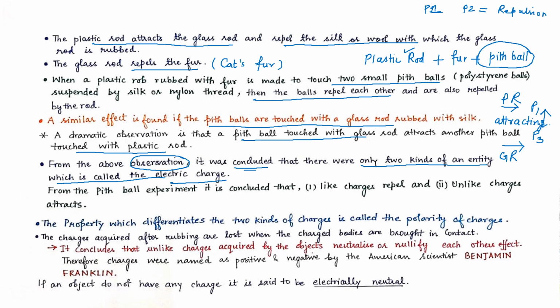What is electric charge? Only and only two kinds of entity, not any third party available in this case. And from the same experiment, we concluded that like charges repel each other and unlike charges attract each other.